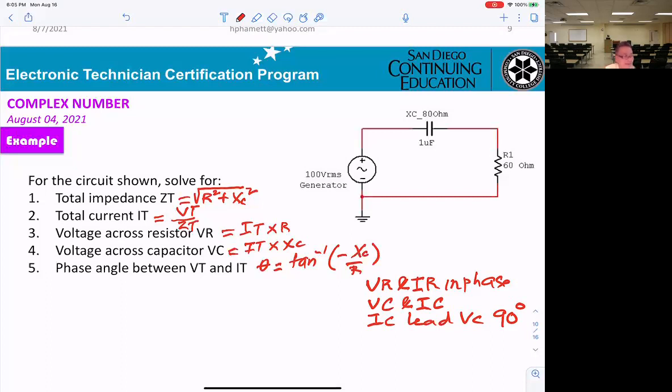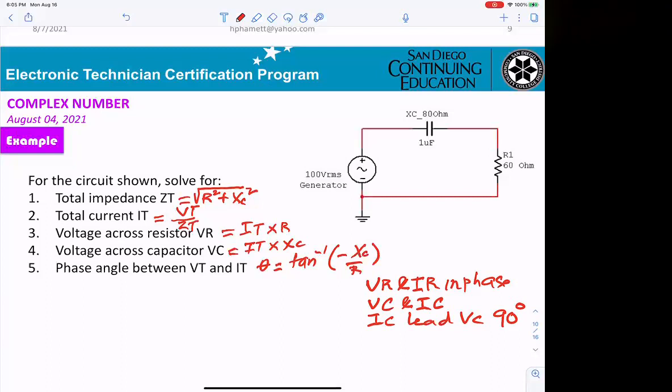That means VT leading IT, or IT leading VT, or VT lagging. How do we know? I believe IT is leading VT. Don't guess.